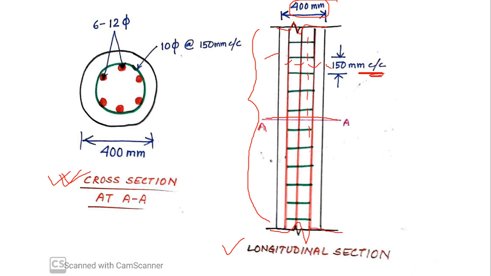This is the body of the pile, the black color one. The green one is the lateral ties, which I have marked as 10 mm dia at 150 mm center to center, and the red dots which you see are your longitudinal reinforcement. I have provided 6 numbers of 12 mm dia bars. So this completes your numerical.